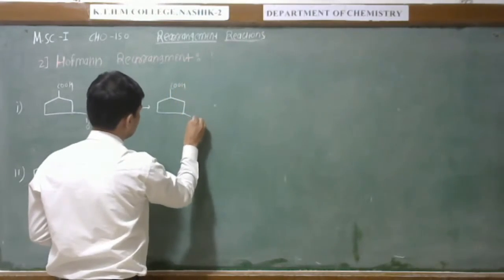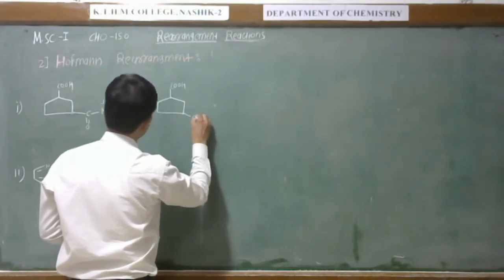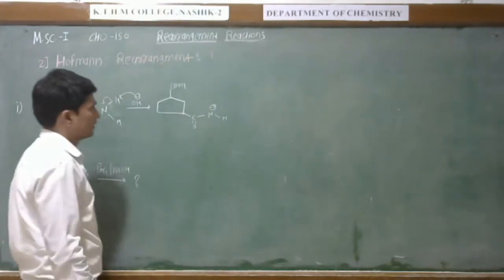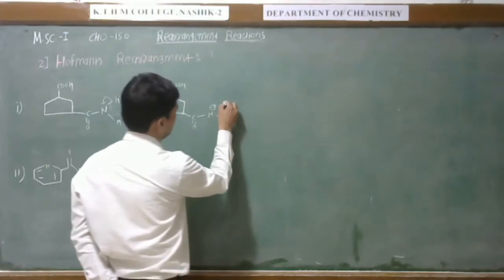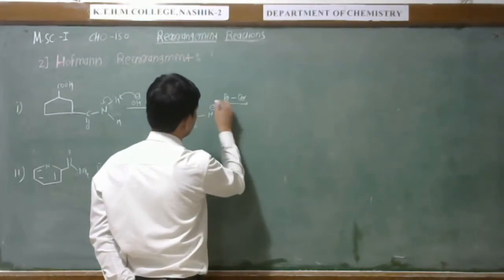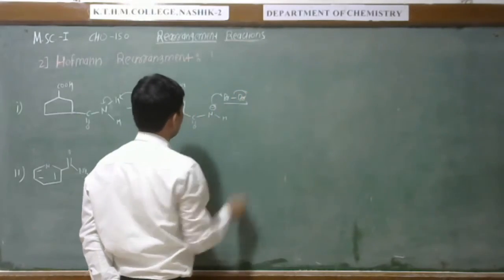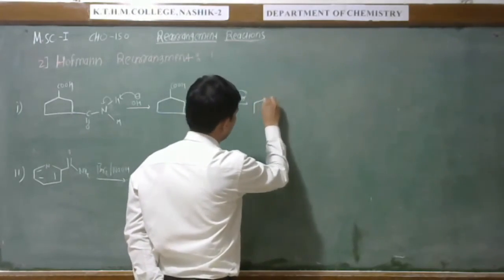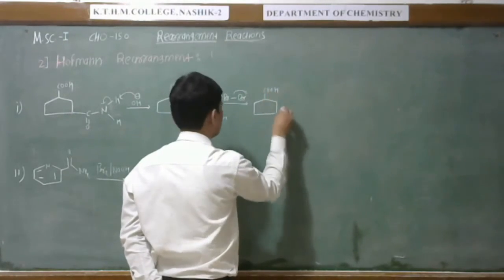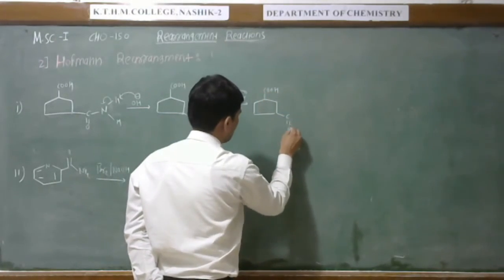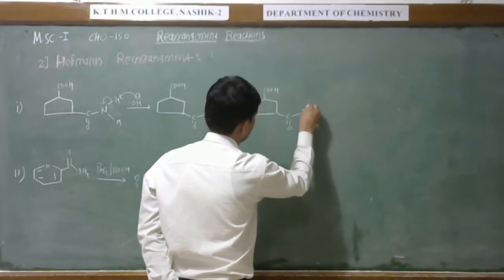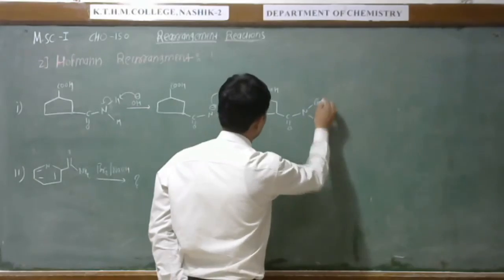This is the C double bond O, this is the N, this is the H. Now this nitrogen having negative charge will react with bromine, and on bromination we get the N-bromoamide. This N-bromoamide will be like this: this is the COOH, this is the C double bond O, this is the N, this is the H, and this N now has bromine.